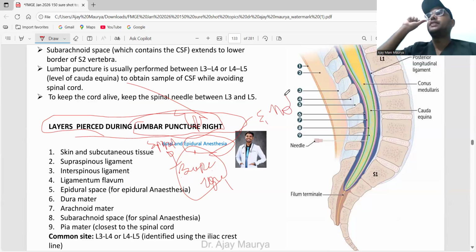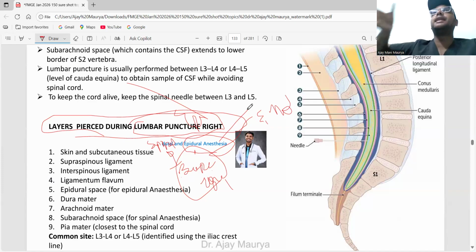It means when you tell the patient to lift the leg, he will lift the leg. That's what epidural anesthesia is. It is used in painless labor, because they may tell the patient to put her leg like this. If they gave spinal anesthesia, would the patient lift the leg? No. That's the difference.